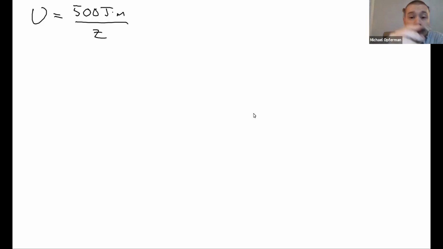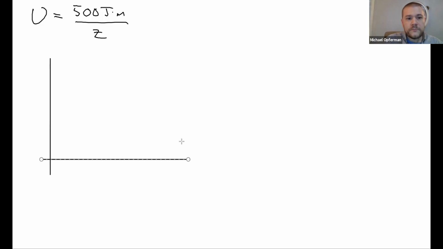In other words, graph this, okay? What does this look like? Let me see if I can do it a little bit neater than that. Okay, let's graph this guy and see what it looks like. So this graph, z is here, and this axis is the potential energy.